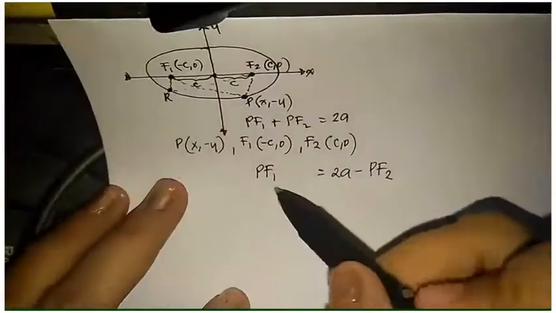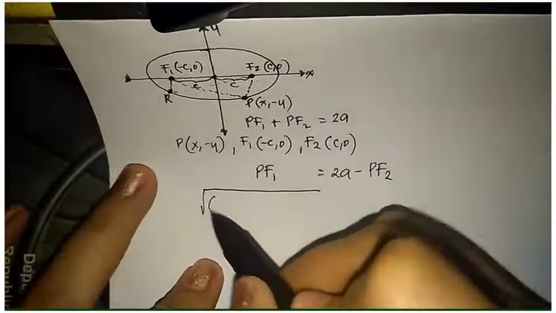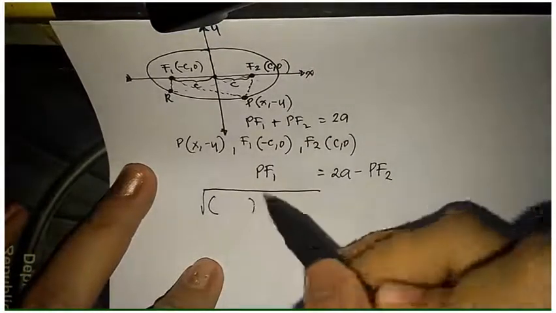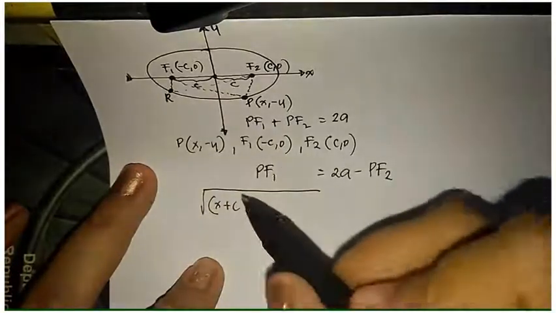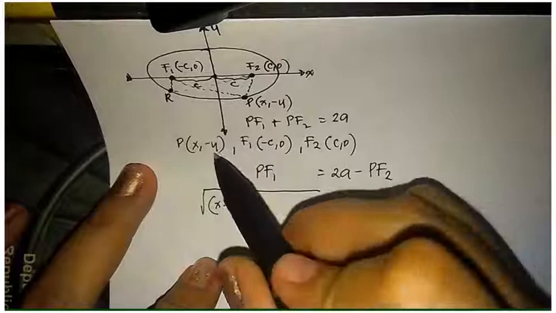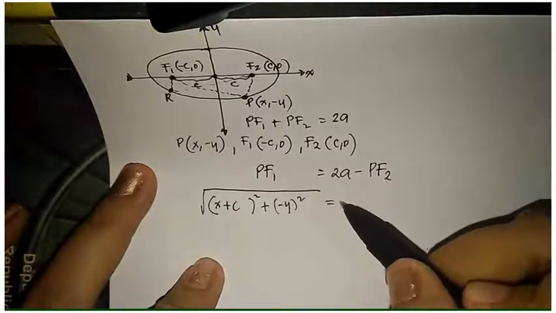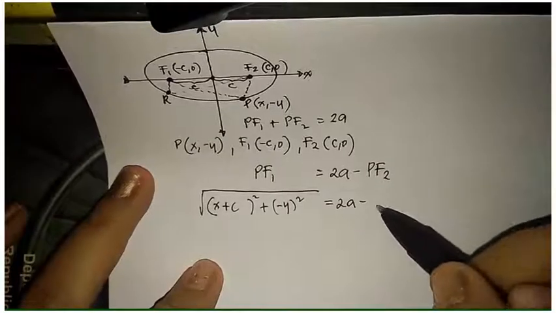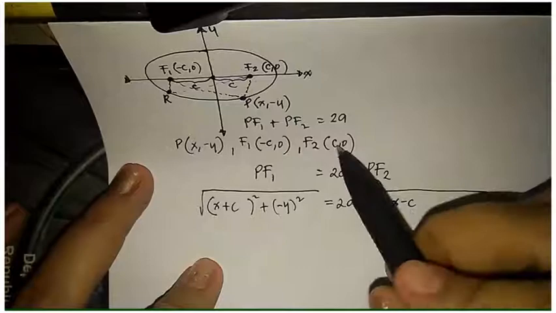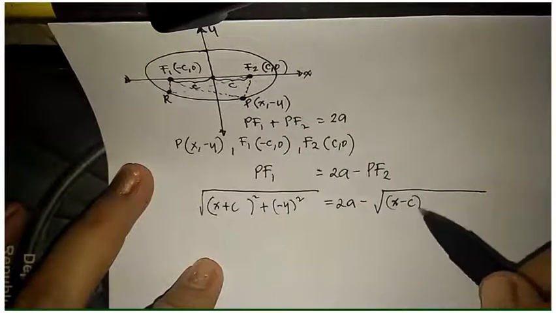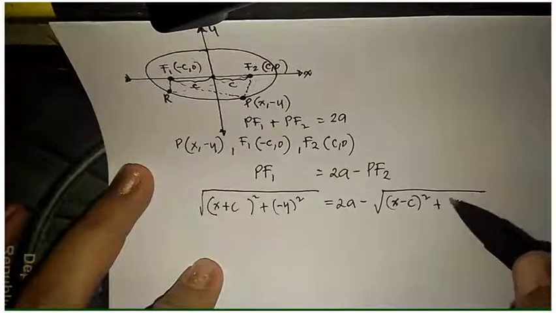Moving forward, using the distance formula, we can have, this is x plus c, for x minus negative c, that's x plus c squared, plus y minus 0 is y, but that's squared, equal to 2a minus the square root of, from P, we have x minus c to F sub 2, quantity squared, plus y squared.